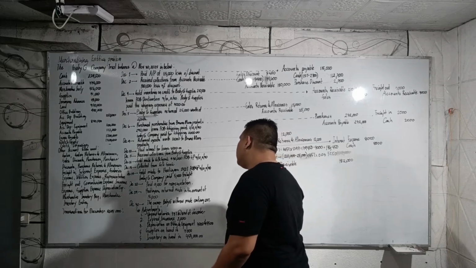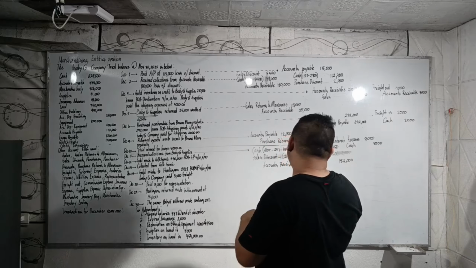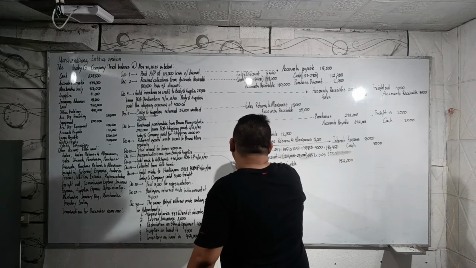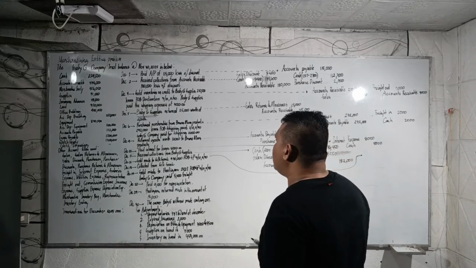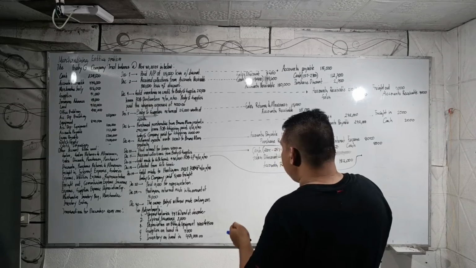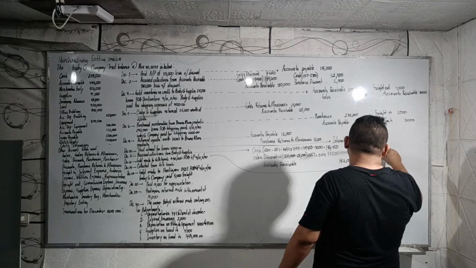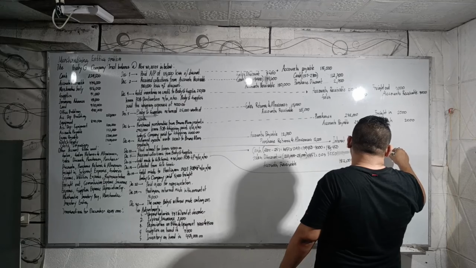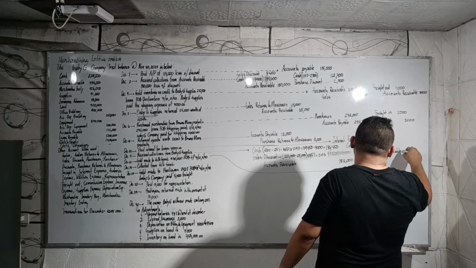And then 310 and 13, so there are credit terms, so that means we sold again to a customer on account. So what will be the entry for that one? So debit, accounts receivable.